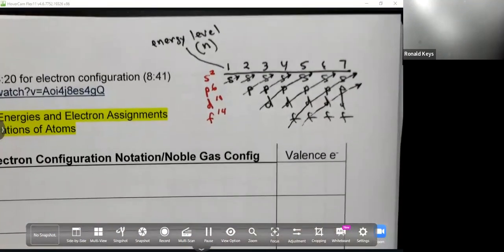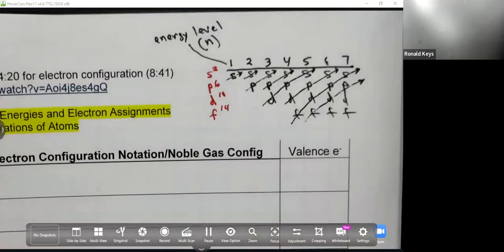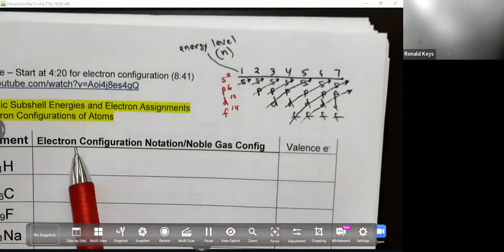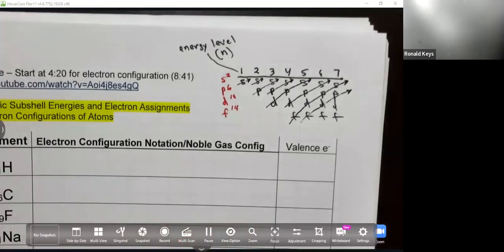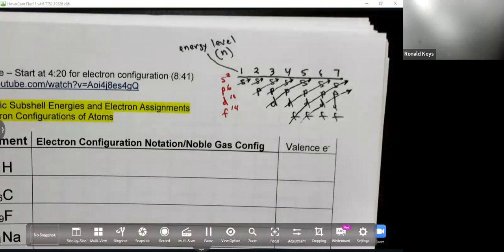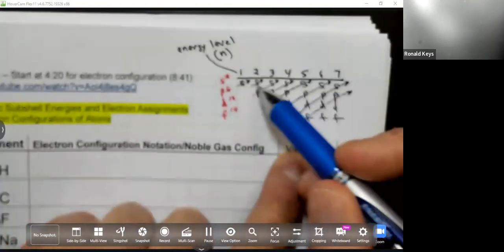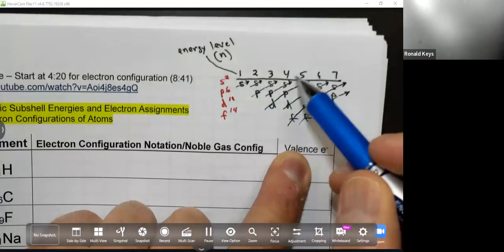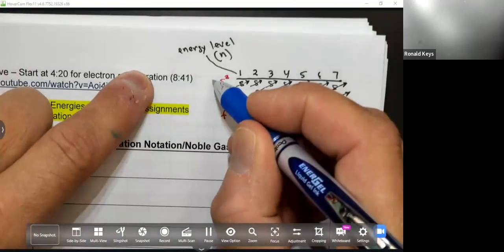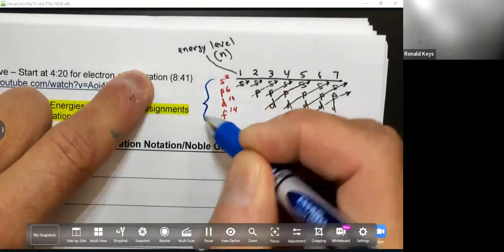To identify electrons, we use electron configuration notation, and hence noble gas configuration notation. This tells us where the electron is, at what level and sublevel. These are called sublevels, s, p, d, and f. Level, and then these are sublevels.